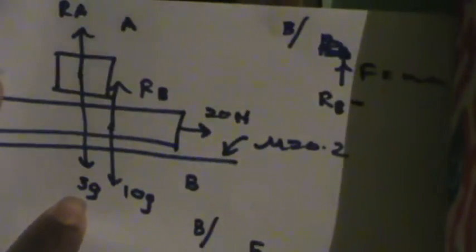So it will be Rb minus, now it's not 10g, as I told you in the last videos, it will be the total of these two forces. It will be 15g because 5g is already acting on this object and 10g is due to its weight, so the total downward force will not be 10g, it will be 15g. And assuming that there is no acceleration in the vertical direction, ma will be 0.